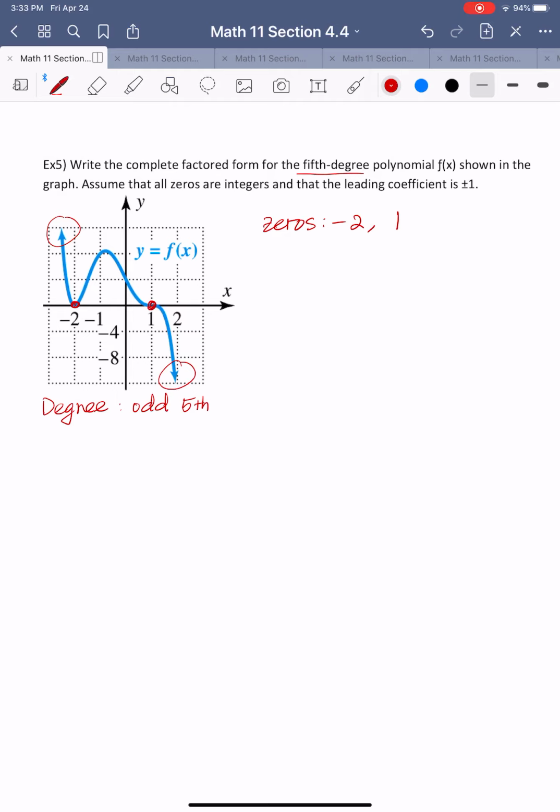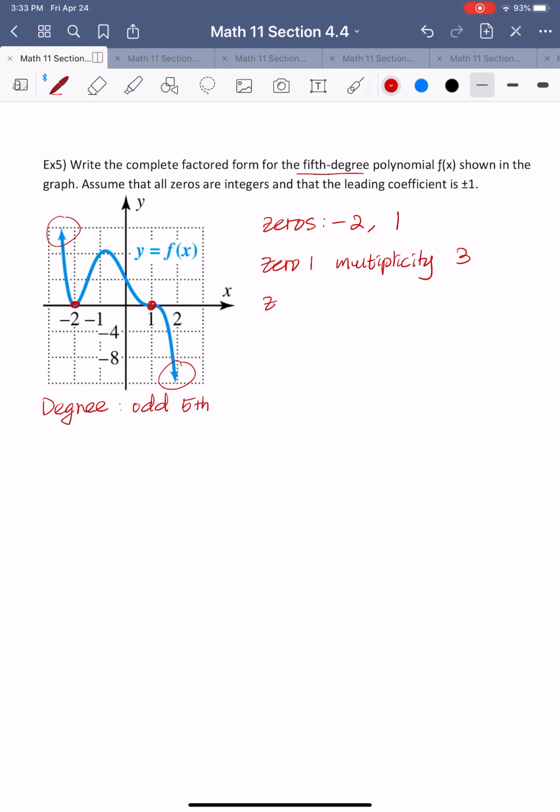And then it's crossing at x equals 1, 0, which is an odd multiplicity. It could be 1 or 3, but it can't be 1 this time because it's not going straight through at 1. So I want to say the zero at 1 has multiplicity 3 instead of 1.